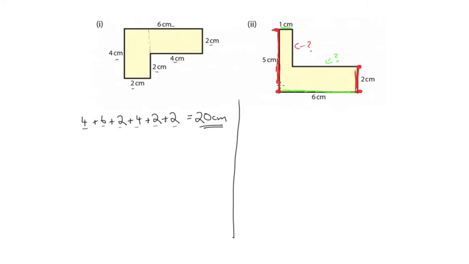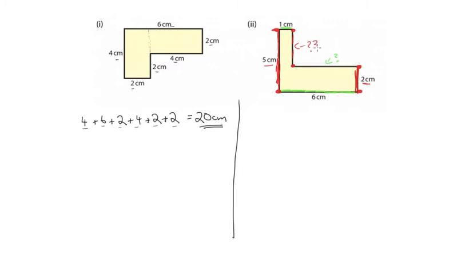So if this is 5 centimeters here and this is 2 centimeters here, from here to here, this bit where I'm drawing a line now, this bit here must be the difference between 2 and 5.